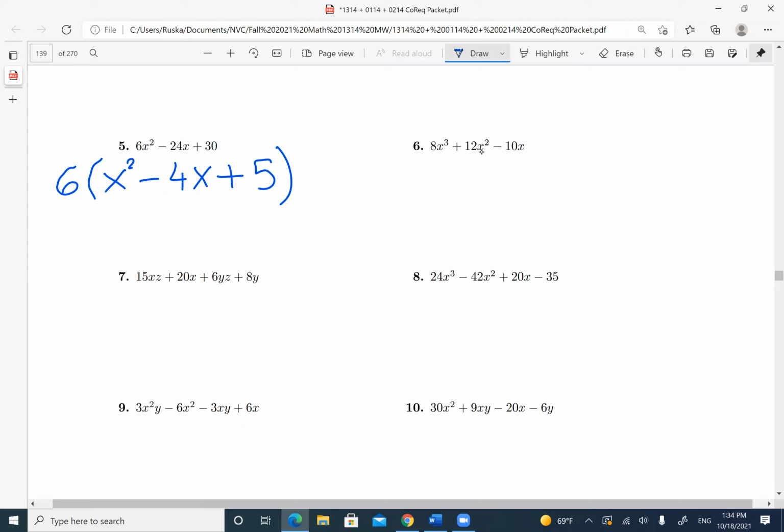After you factor the greatest common factor, you need to see how many terms there are. There are 3 terms, and here we're going to factor a trinomial. This is how you factor a trinomial. You get the factors of the last number, which are 1 times 5, and also -1 times -5, which is also 5. And then you see which 2 of those numbers add up to -4.